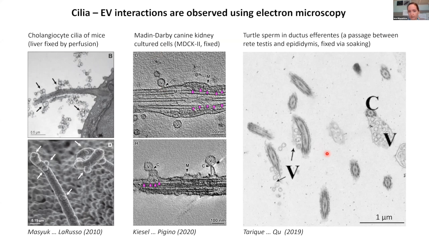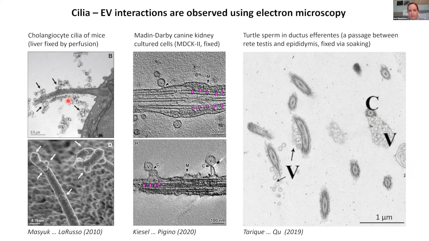Or you can also see maturing spermatozoa in the reproductive tract of a turtle. Those round things are actually cilia, flagella of the sperm cells, and some of them contain many vesicles inside the cilium. Because these images are static, it's impossible to say whether those EVs are actually going from the cilia or they are just coming to the cilium and fusing to the ciliary membrane.